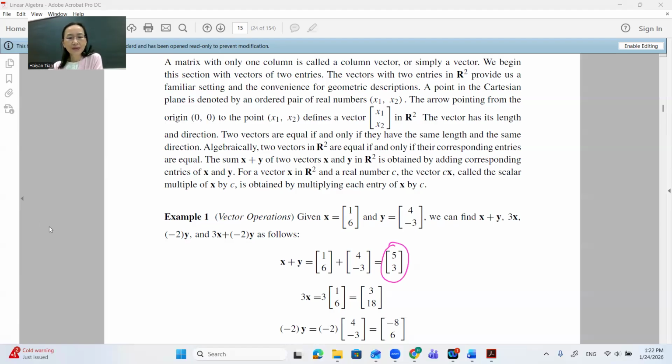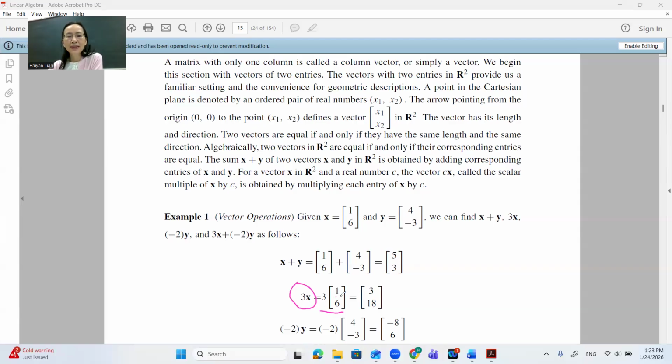So you see in this sum of two vectors, you just simply add the corresponding entries of these two vectors. Now, scalar multiple. So suppose I want to do 3 times vector x. So x is given. How can you multiply a vector by a number? But this is an operation that is defined as this. That is, each entry of the vector will be multiplied by 3.